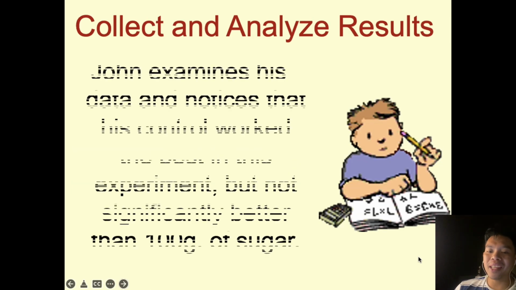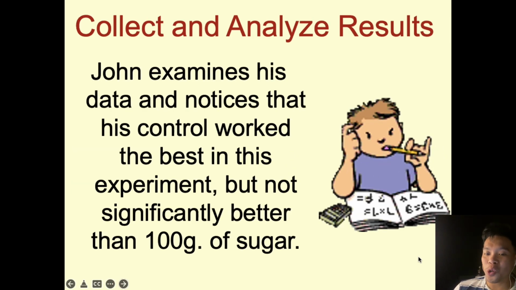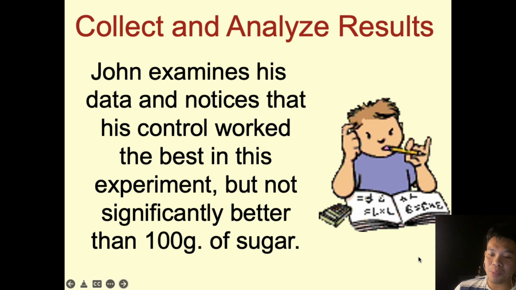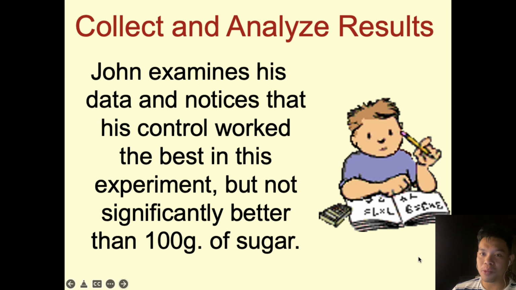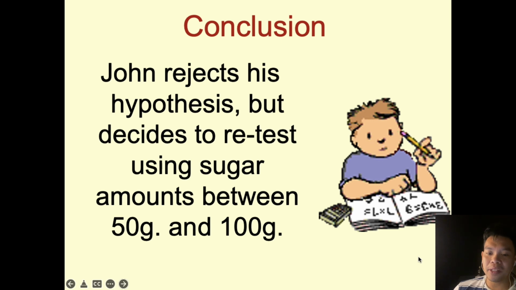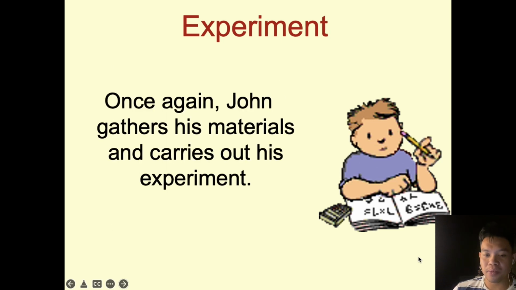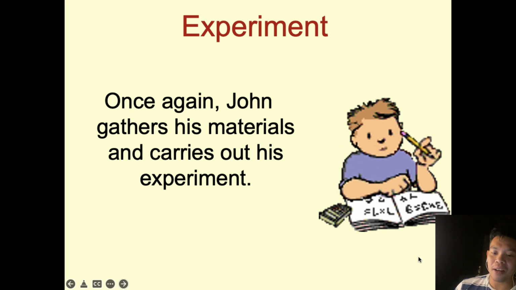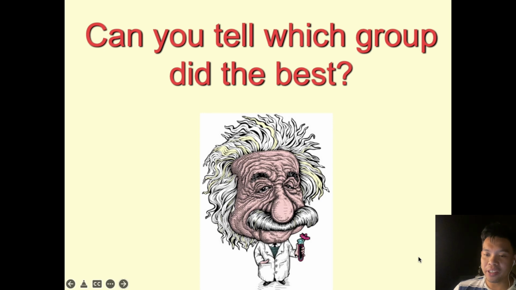John examines his data and notices that his control worked the best in this experiment, but not significantly better than 100 grams of sugar. John rejects his hypothesis, but decides to retest using sugar amounts between 50 grams and 100 grams. Once again, John gathers his materials and carries out his experiment. Here are the results.